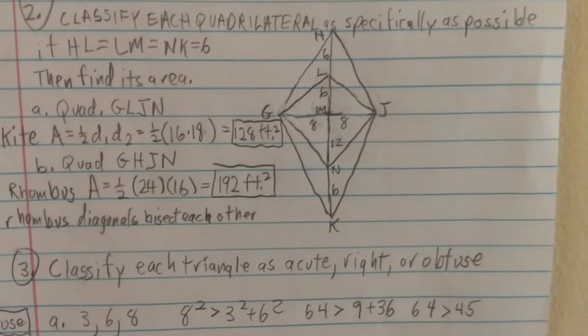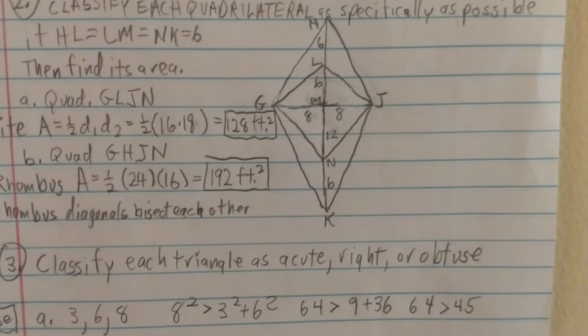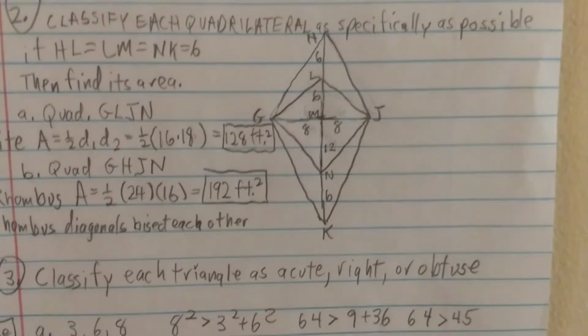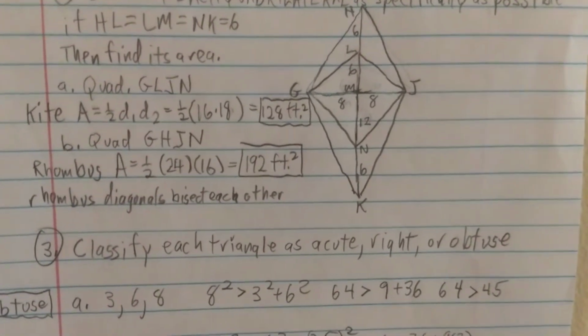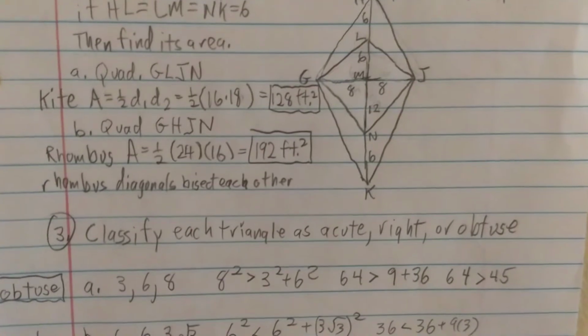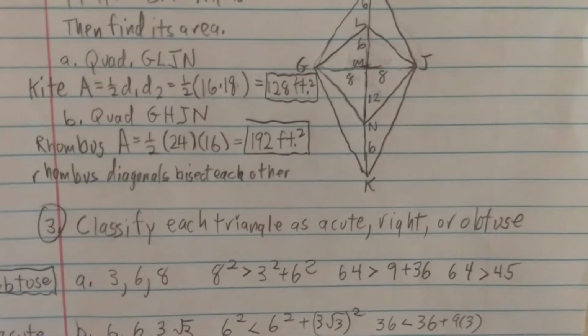Now for the quadrilateral GHJN, which is going from G on the side up to the top, down to the right, and then down halfway to the bottom, is a rhombus. And we know that because for the rhombus, diagonals bisect each other.